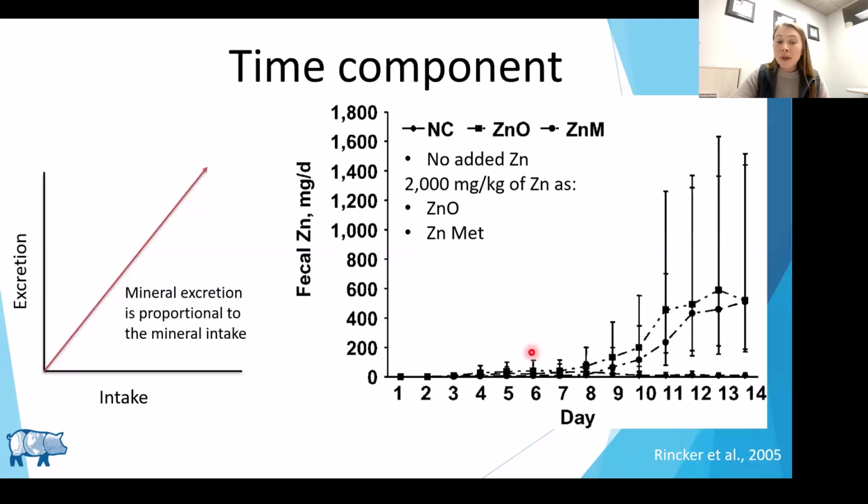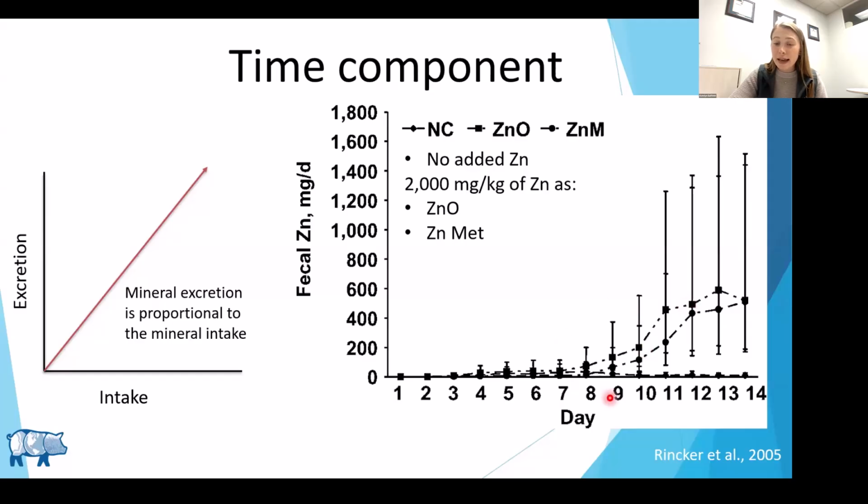to where when a pig is weaned, we see that they actually don't initially have a huge excretion of zinc in the feces. Actually, we don't see an increase in that excretion till about day 7 to day 10, to where then we begin to see that linear increase in excretion as we have an increase of zinc in the diet.